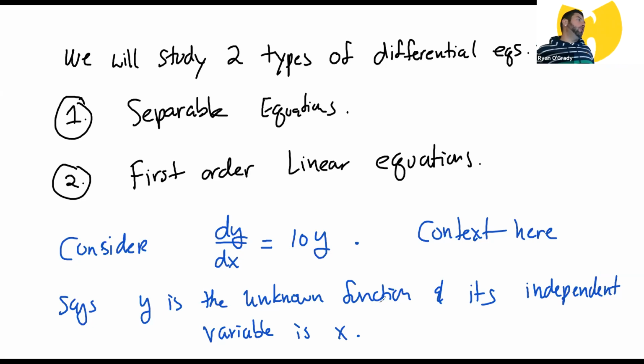Okay, what other functions are we familiar with? Maybe you start saying, okay, I know polynomials are out of the woodwork. What about trig functions? You might say to yourself, well, the derivative of sine is cosine, so maybe that works. But here we don't really have that, because this is saying dy dx equals 10 times y. So sines and cosines aren't really involved here.